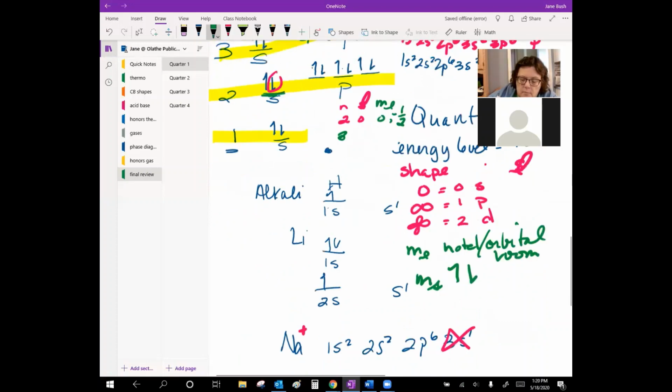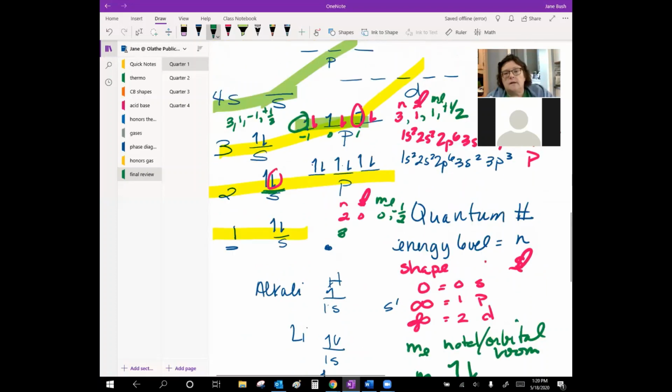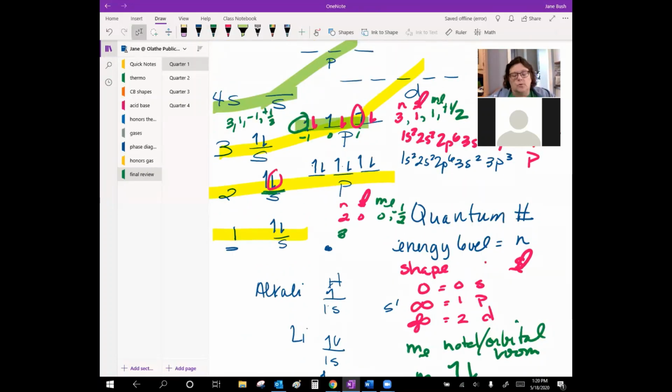So you end up being able to identify which exact orbital or electron you're talking about, because you have the primary number, which is which energy level he's in, the L number, which is his shape, which tells you whether he's S orbital, P orbital, or D orbital, or F. The ML, M sub L, which tells you where he is in orientation.